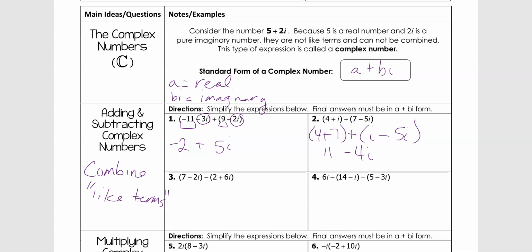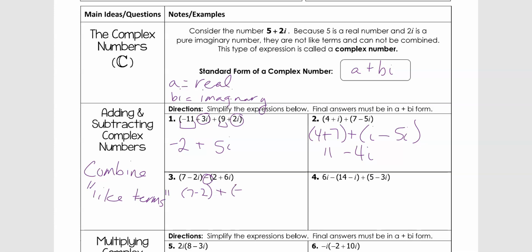All right, now here's a fun one where we have a negative. That's going to be super fun. But what we're going to do is we're going to use the associative property. So we're just going to rearrange this into different groupings. So we have 7 minus 2. And we're going to keep plus now because I'm putting the minuses inside the parentheses, and because standard form has a plus sign in it.